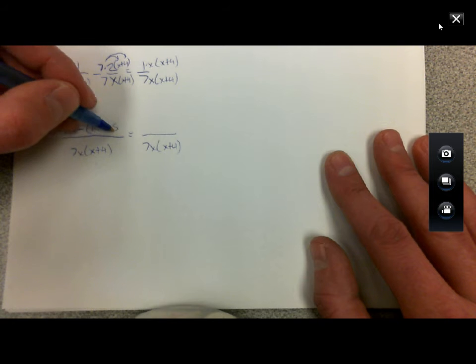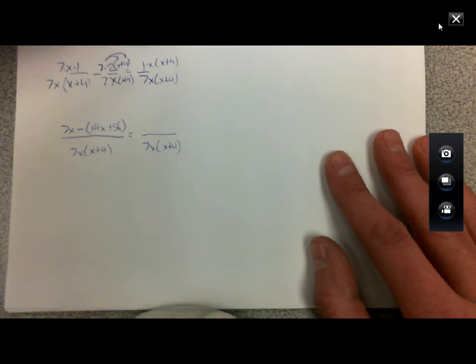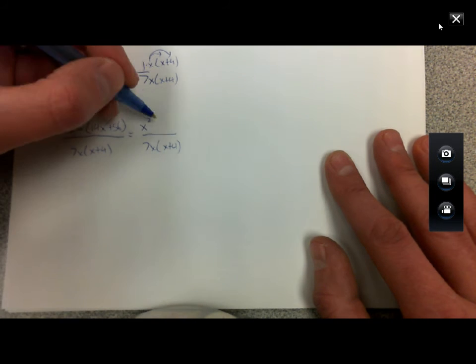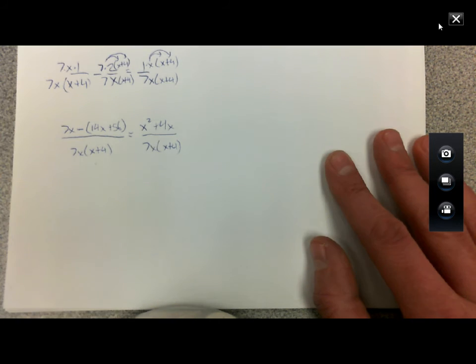Plus 56, there we go. And I'm going to distribute this through as well. So I've got 1 times x is x, x times x is x squared, x times 4 is 4x.